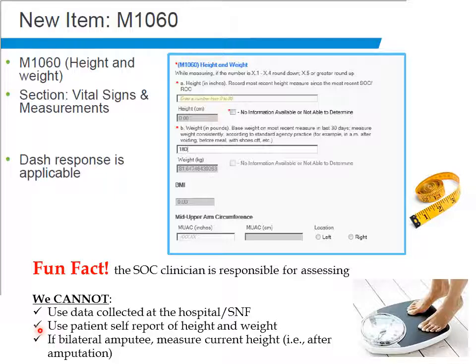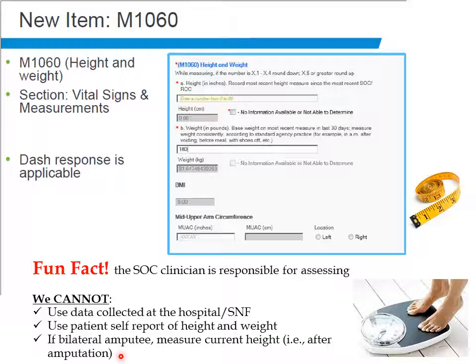So even though most people know how tall they are, we cannot use that information. You have to actually measure their height and weight at the start of care or the resumption of care. And if they're a bilateral amputee, you measure their current height. And they said, i.e., after their amputation.